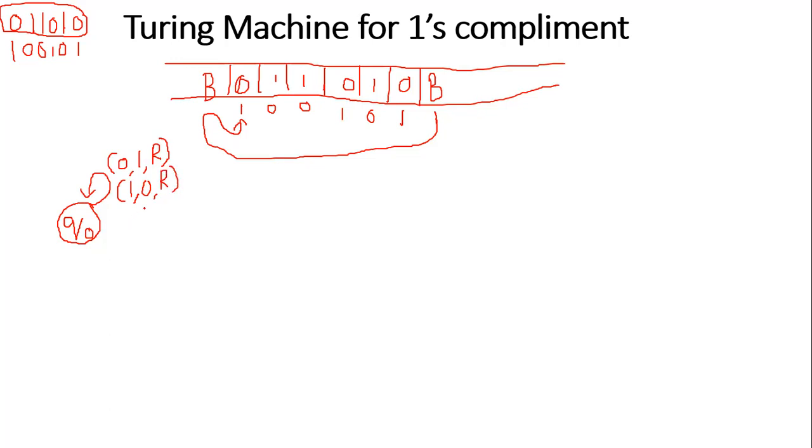You have to keep doing this until you find the blank space. The moment you find the blank space, you have to keep moving to the left side, to the leftmost end, because it is good practice to stop on the input tape at the place where your output actually starts.